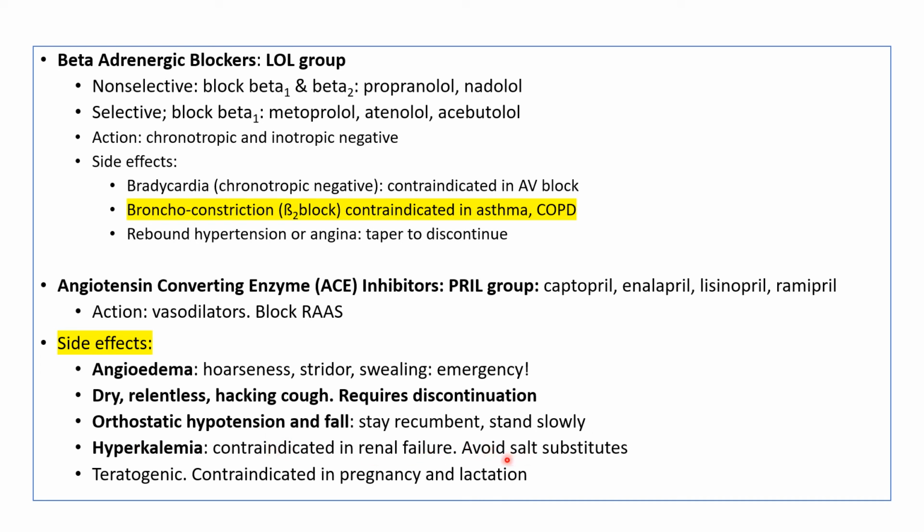There are salt substitutes that contain potassium that should not be used because it's too much potassium in patients taking this kind of medication. The same applies to patients taking potassium supplementation or patients with renal failure. This group of medications is teratogenic, contraindicated in pregnancy and lactation.